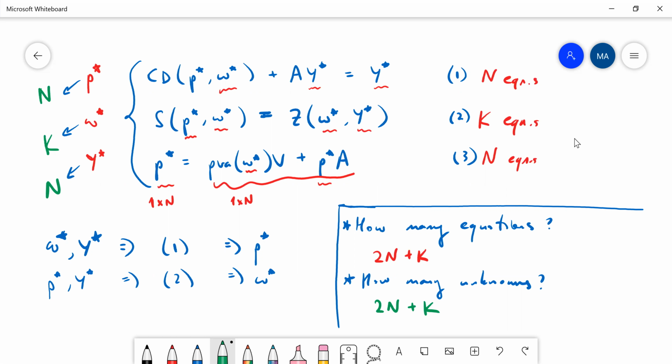So Walras law tells me that one of these market clearing equations is actually redundant. The same information about prices is already embedded in the other n minus 1 equations, or k minus 1 equations.